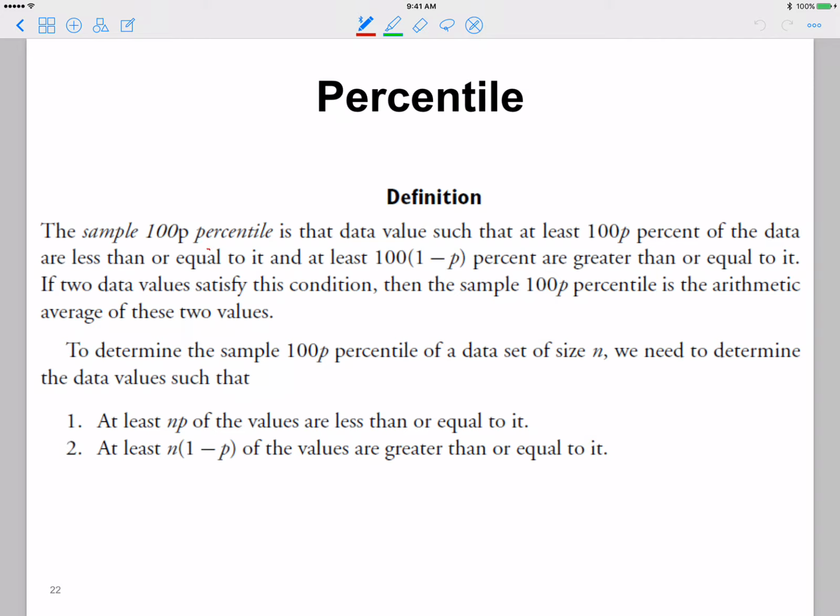So, the 100p percentile is some data among many data, and that data should satisfy these two properties. Here we basically pick up a particular ranked data item.